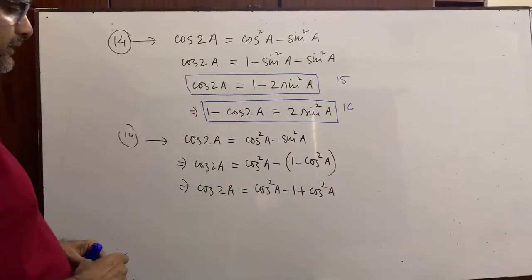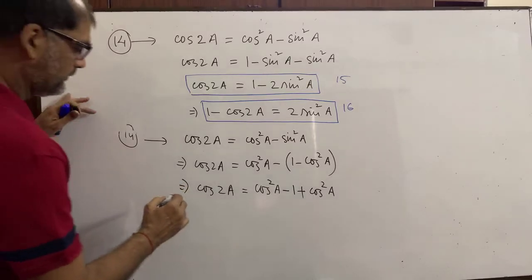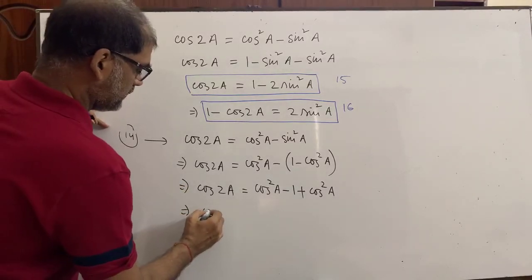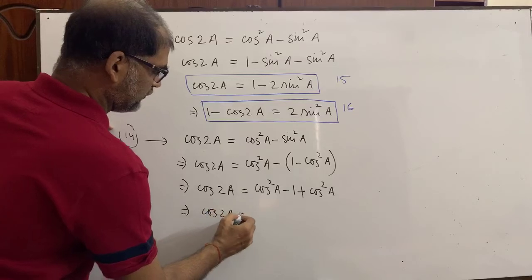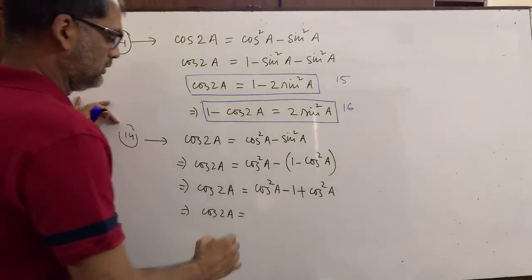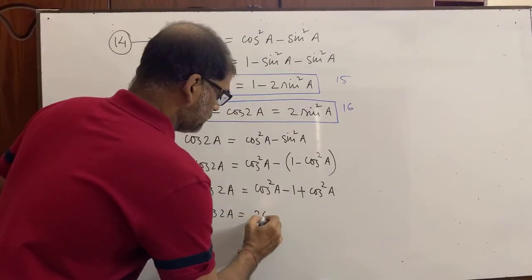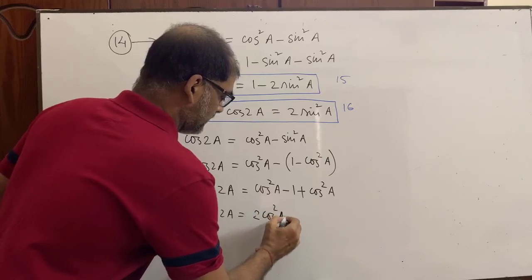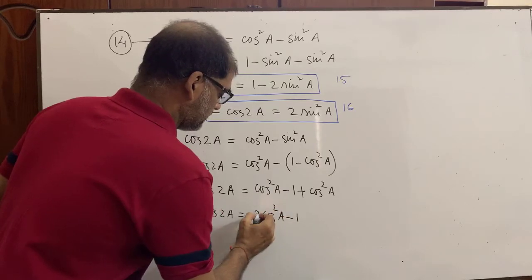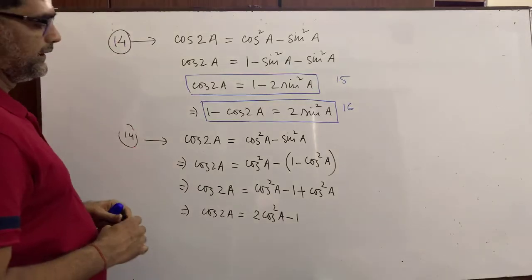That is, cos 2a is equal to 2 cos square a minus 1. It is a formula.